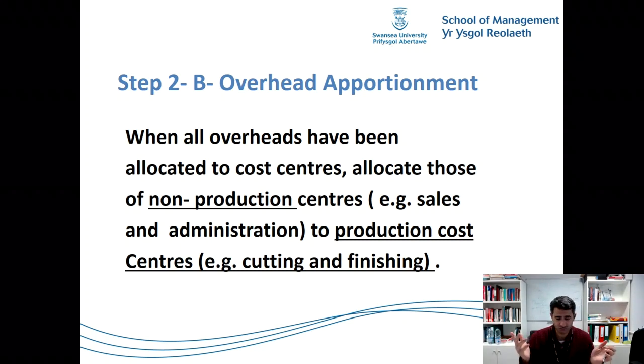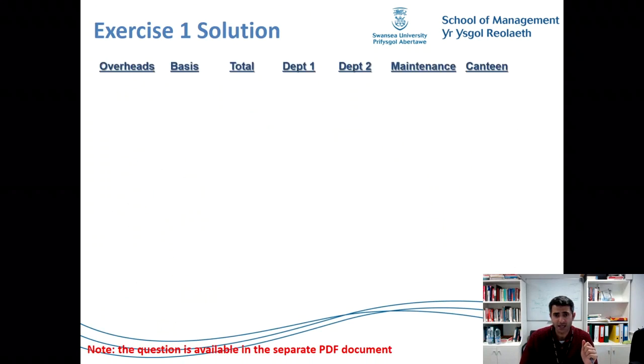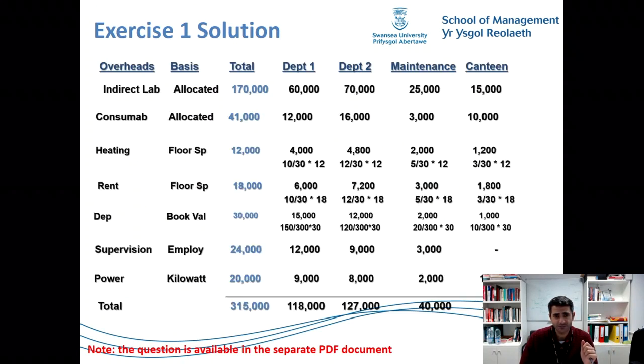So let's have a look. Can you see here the total maintenance or total canteen? Total canteen £30,000, right? So this £30,000 we need to allocate across the other 3 departments, and the maintenance total we need to allocate across the production departments.